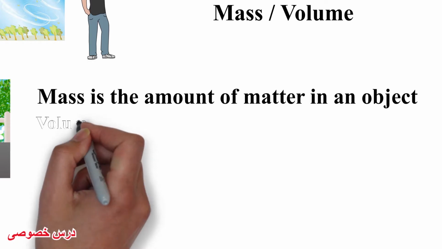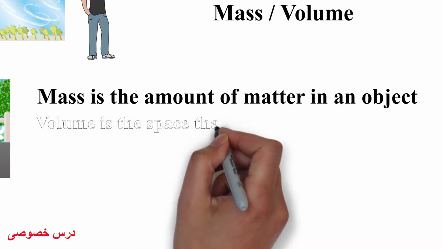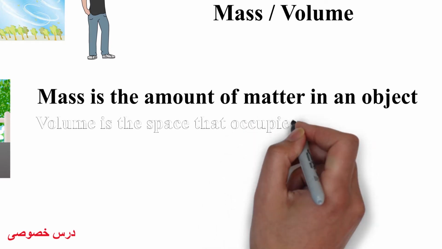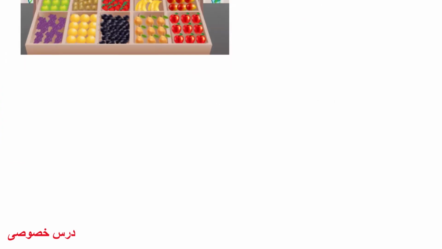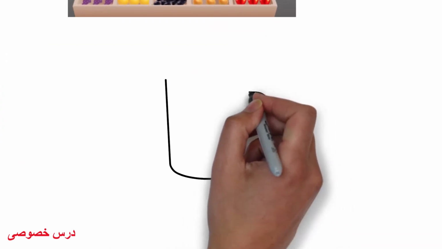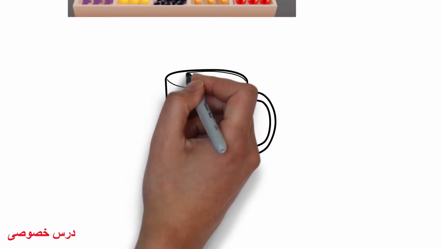But what about volume? Volume is the space that is occupied by the object. For example, if you have an empty cup, there is a space inside this cup.